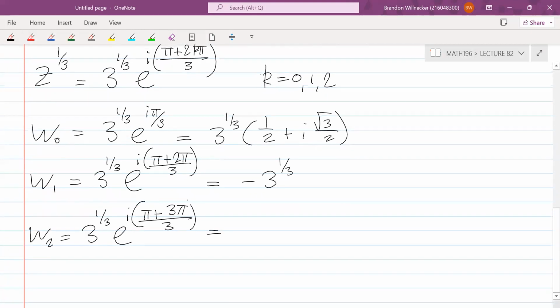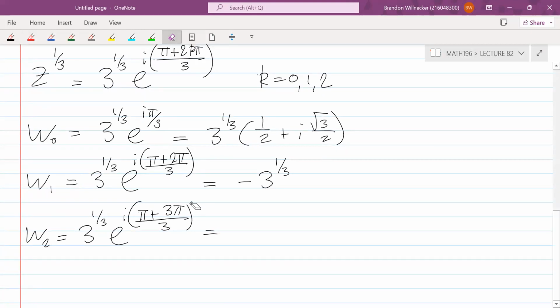Sorry, if we substitute 2, that's going to be 4π, not 3π. Okay, and then 4π plus π, that'll be our 5π over 3. So we can simplify that to 3 to the 1/3 times 1/2 minus i root 3 over 2.